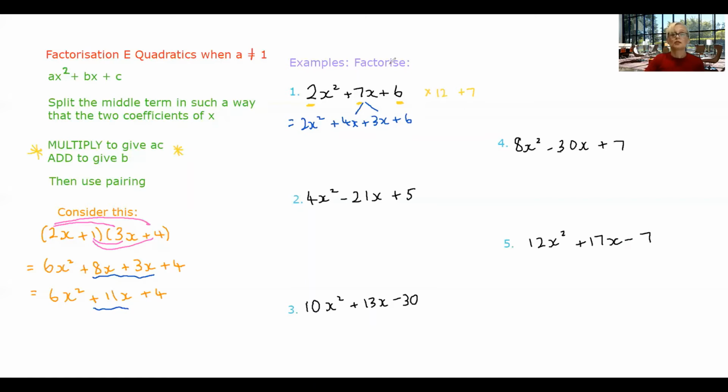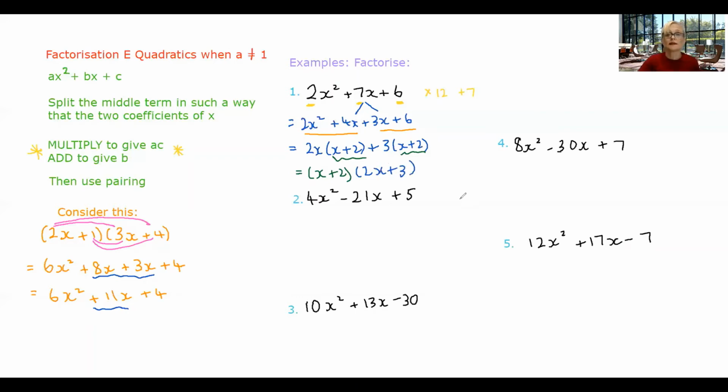Now I'm in a position where I can go ahead and do my pairs and take out common factors. So out of these first two, I can take out a 2x and I'm left with x plus 2. And out of these two, I can take out a 3, x plus 2. And thankfully, we end up with a bracketed expression as our common factor that can come all the way out the front, and the rest goes in our other bracket to make it multiply back out again.